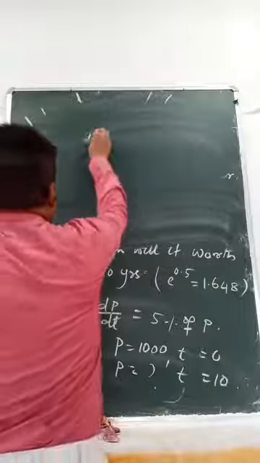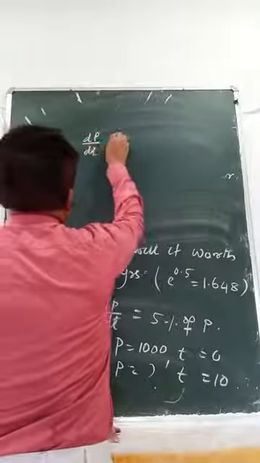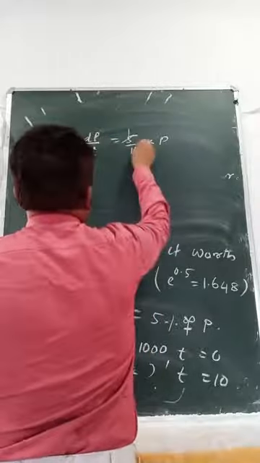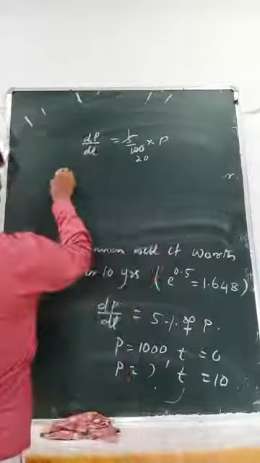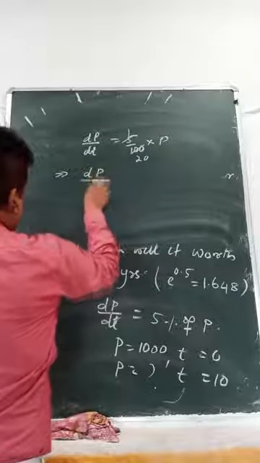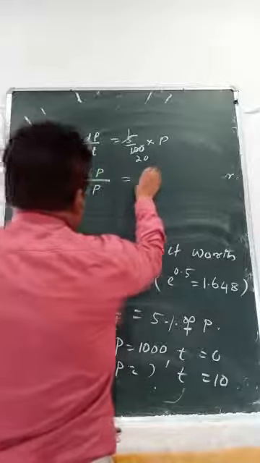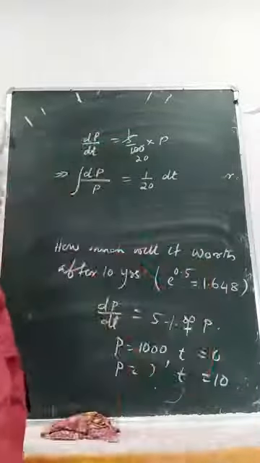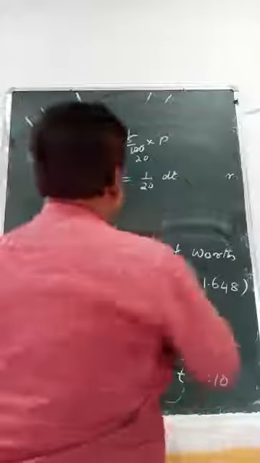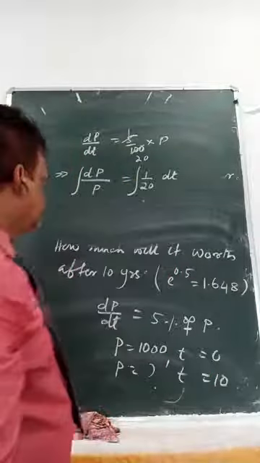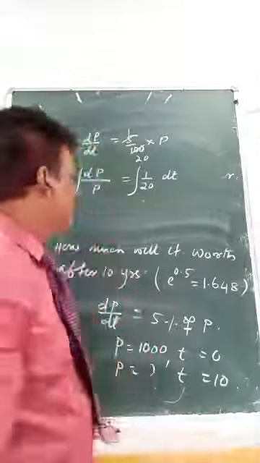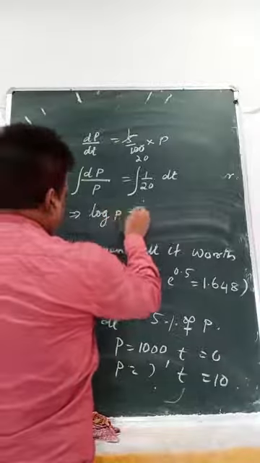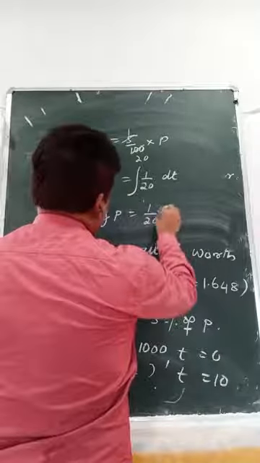Okay, let's continue. Same method. So dp by dt equals 5 by 100 into p, which is 1 by 20. I can write dp by p equals 1 by 20 dt. Got the point? 1 by p integration is log p, equals 1 by 20 t plus a constant.